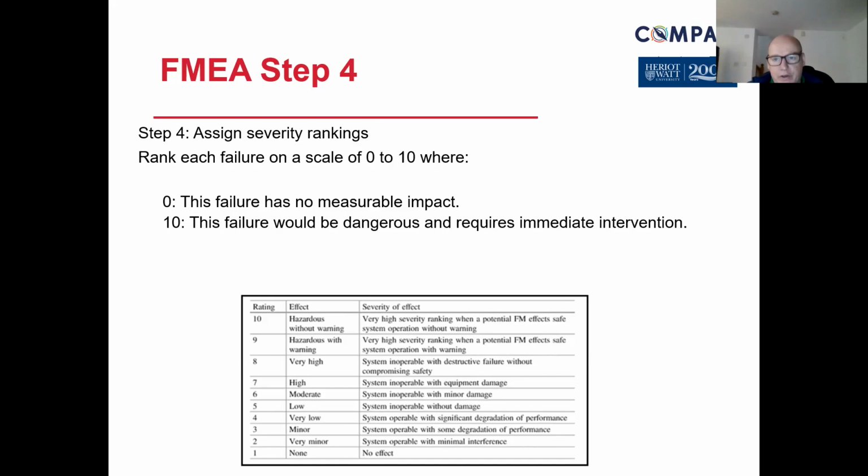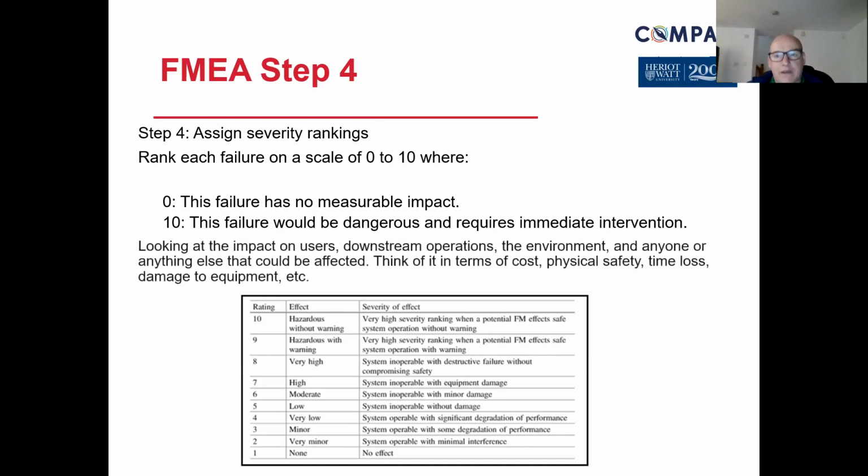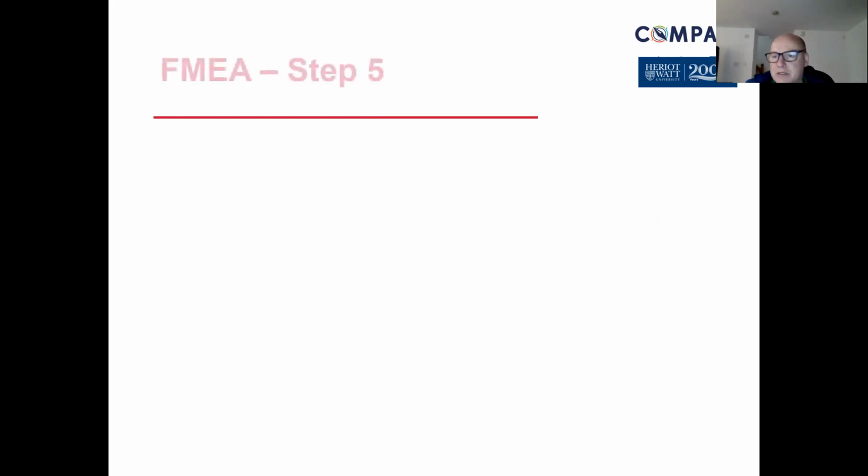So you have your first, then you have step 5 and step 6 that also rank or rate the risk issues as well. So look at the impact on users, downstream operation, the environment, and anyone else that could be affected by it. And therefore, cost, physical safety, time loss, damage to equipment are all considered in making that judgment.